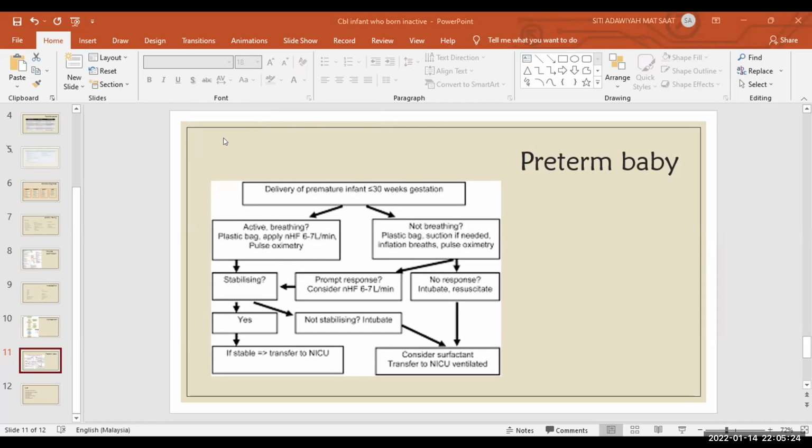If after we control the temperature and suctioning is successful and there is a prompt response, we need to consider a nasal high flow 6 to 7 liter per minute. And if the infant is stabilized, we can transfer to NICU. And if it does not stabilize, we need to intubate and consider surfactant.